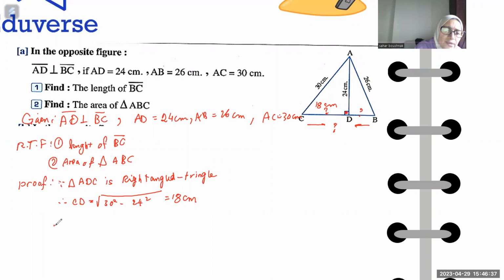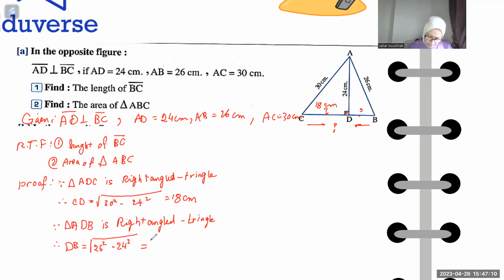By the same way, since triangle ADB is a right angle triangle, then DB equals root of 26 squared minus 24 squared.